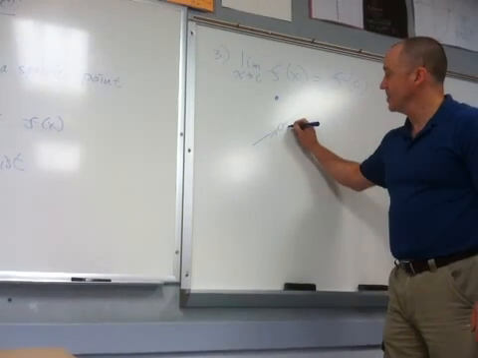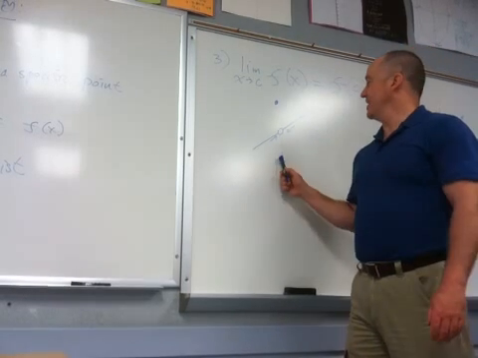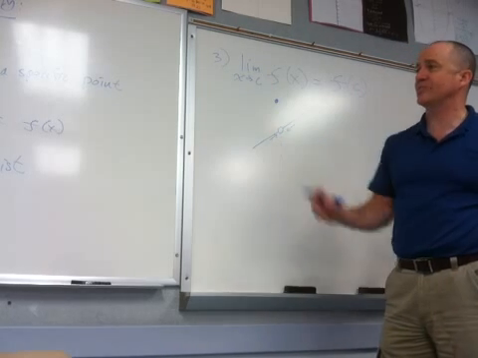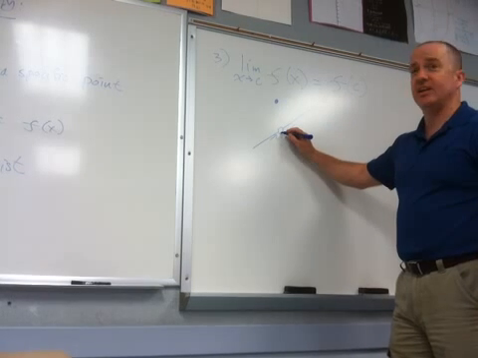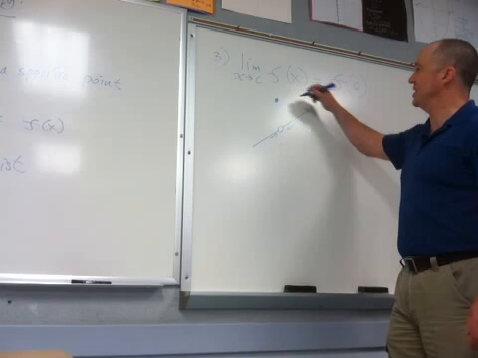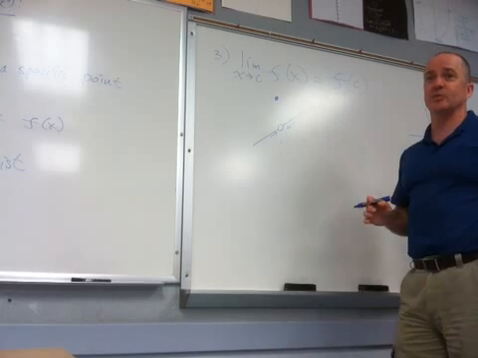The limit exists, so it passes the second. The x is obviously in the domain, it's a place where the function exists, so it passes the first. It fails the third, because the limit is this y value down here, but f of c is this y value up here.